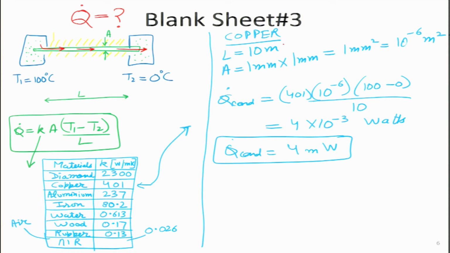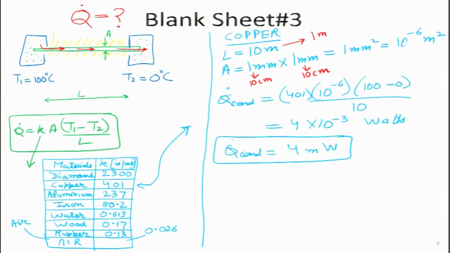So, let us say we try to reduce the length 10 times, which means this original length was 10 meter, let me try to make it 1 meter, and I will try to increase the width and the breadth of the beam by 100 times. So, this one I am making 100 millimeters, or in other words 10 centimeter, and the same thing I am making over here 10 centimeter. Everything else I am keeping the same.